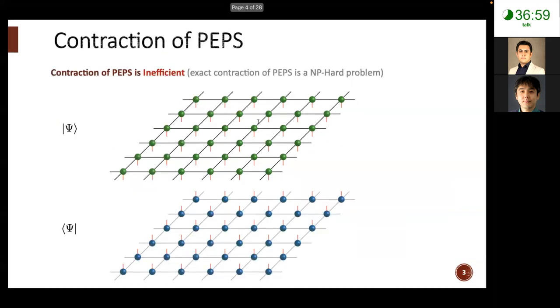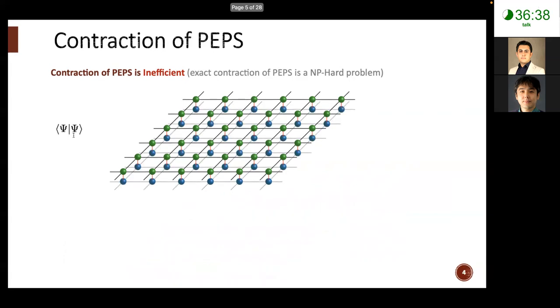When you have the tensor network representation for a wave function, technically you have a ket, or the quantum state for that wave function. Of course, you would also have the tensor network diagram for its conjugate. And when you put them together, you can calculate the norm of the wave function.